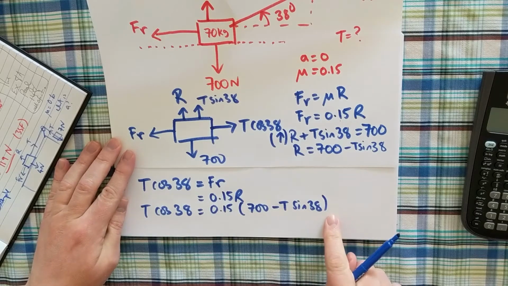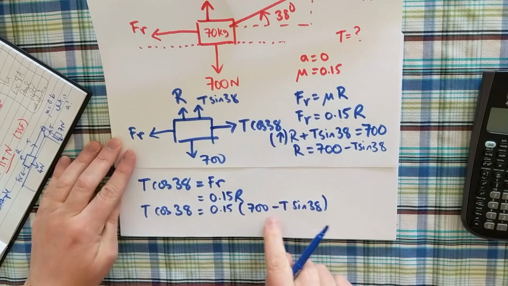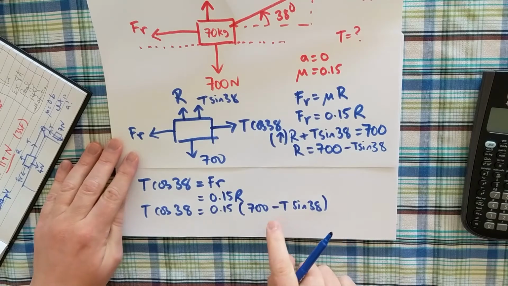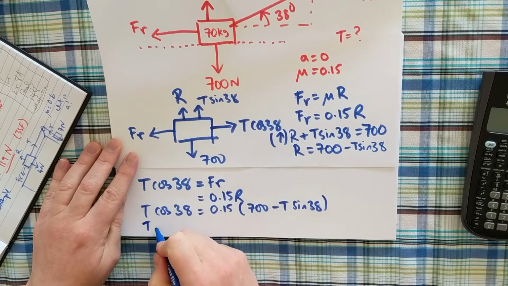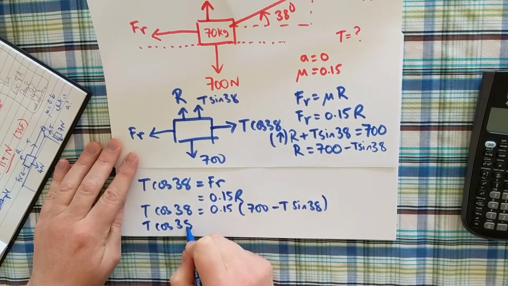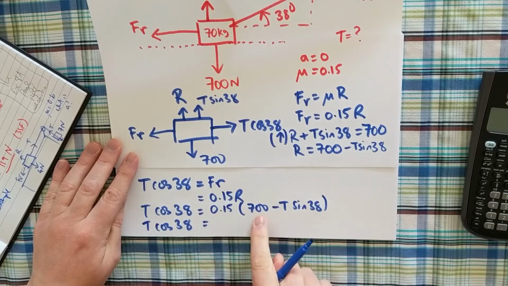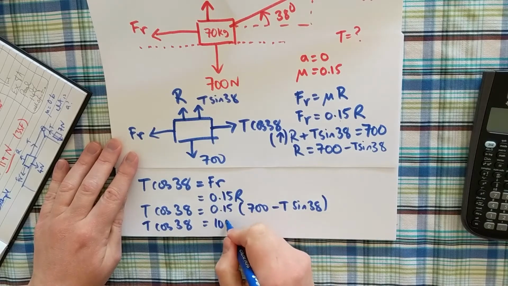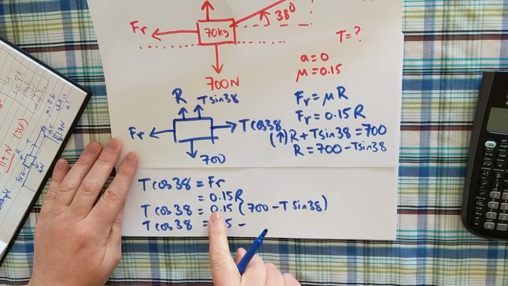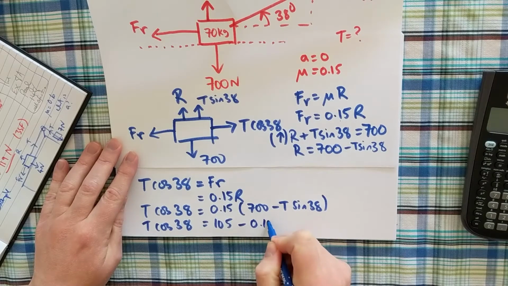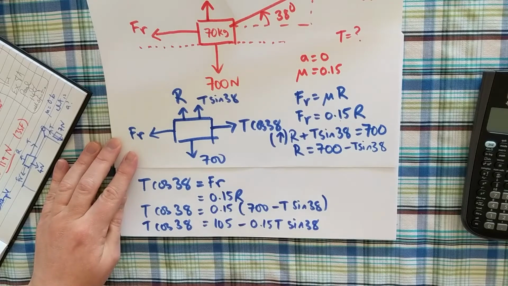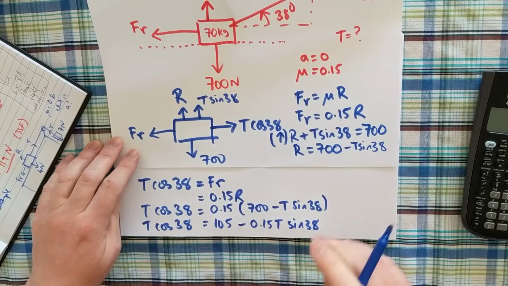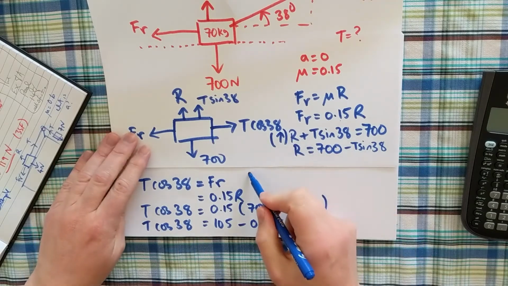If I multiply out the brackets and then rearrange it so all the T's are on one side, I should be able to find out what's going on. So I can say that T cosine 38 is equal to 0.15 times 700 is 105, minus this times this is 0.15 T sine 38. And if I add this whole thing to the left hand side and factorize out the value of T, I'll run out of space now.